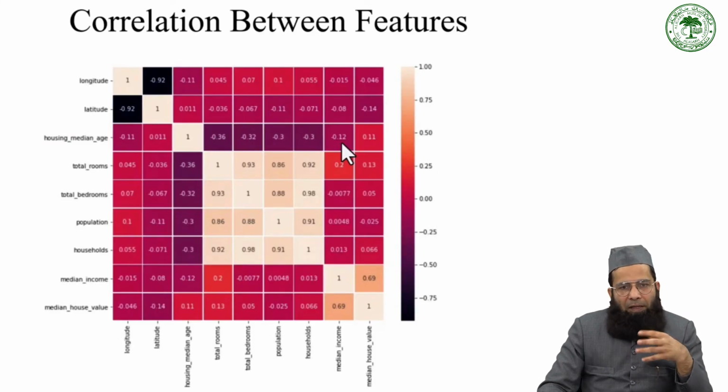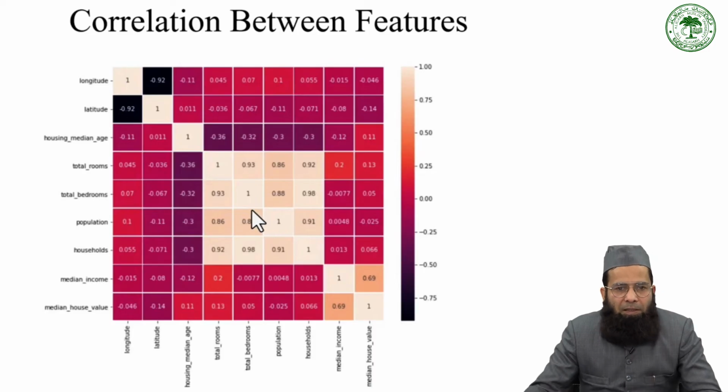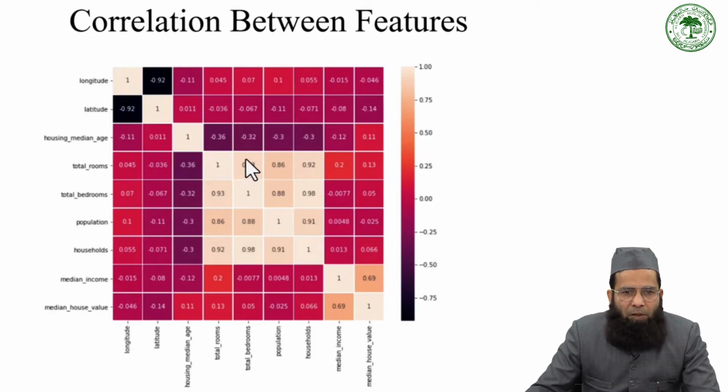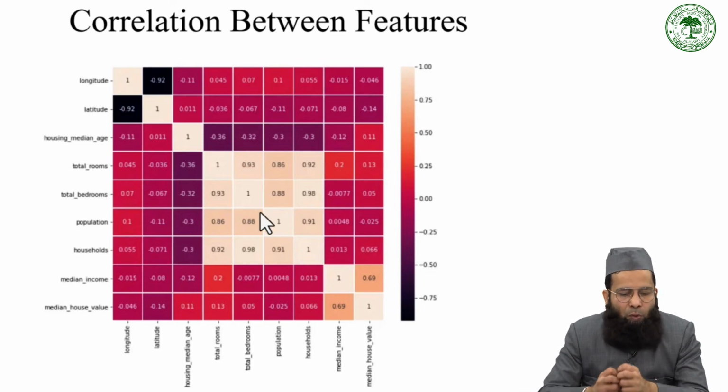Now this one is the correlation between features. You can see here the diagonal value would obviously be 1, and the lighter one is highly correlated. In this case, you can see it is very correlated. It means total bedrooms and total rooms are very much correlated.